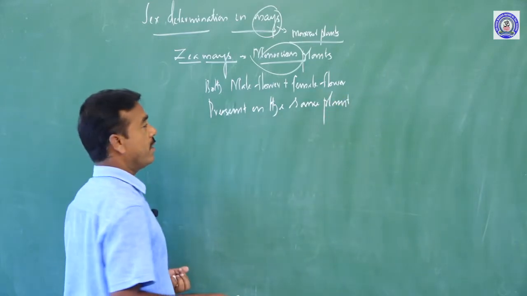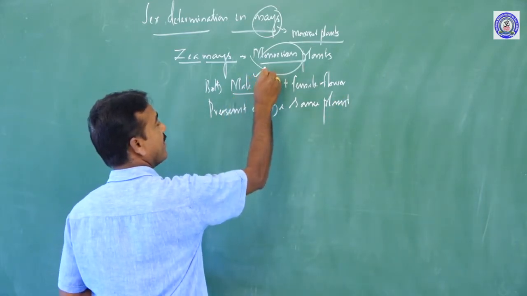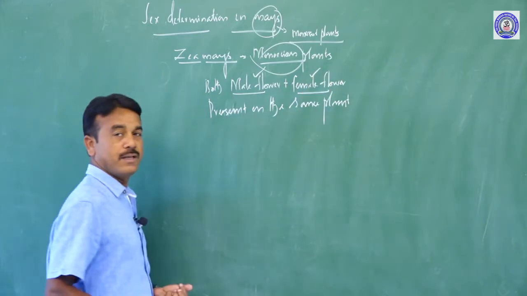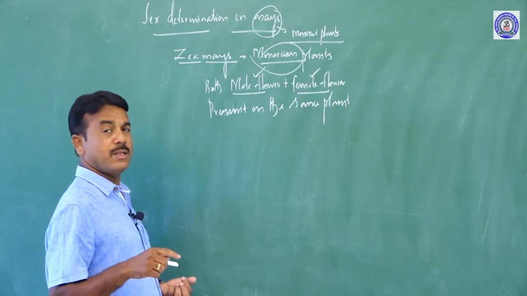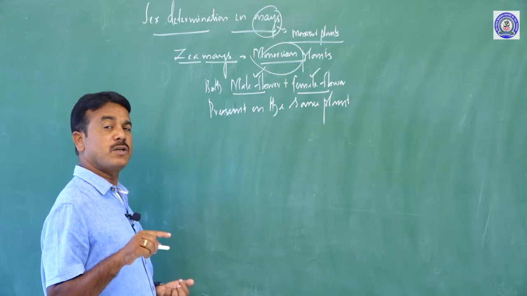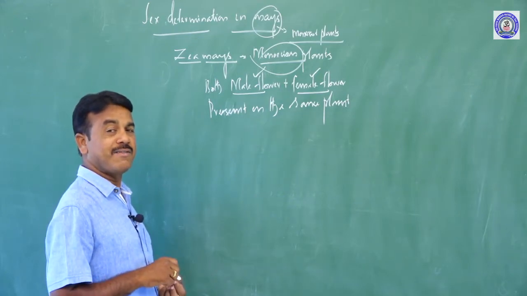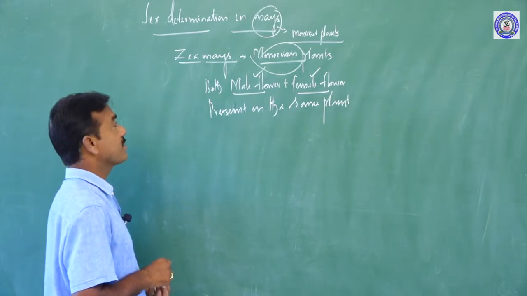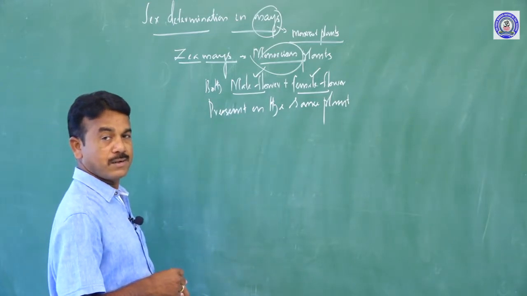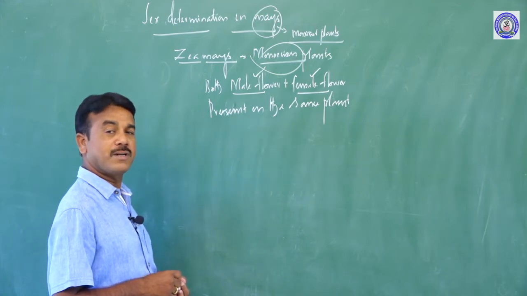Within a plant both male flowers and female flowers are there. All plants in which the male flower and the female flower are present on the same plant should be considered monoecious plants. Likewise, maize, Zea mays, also comes under monoecious plants.